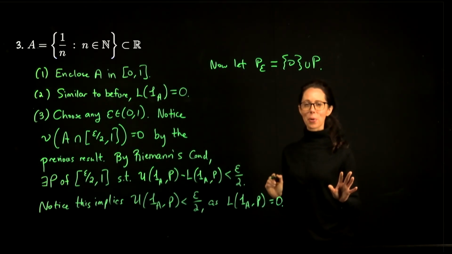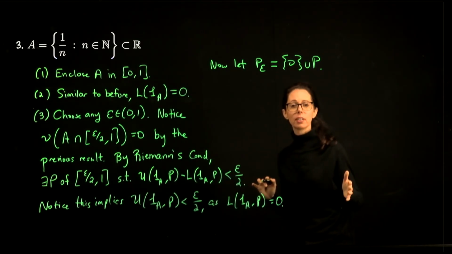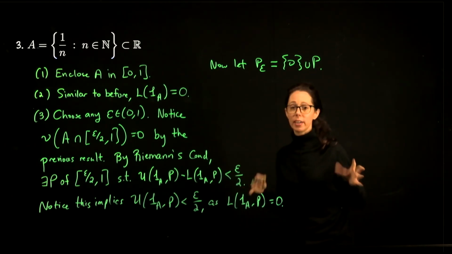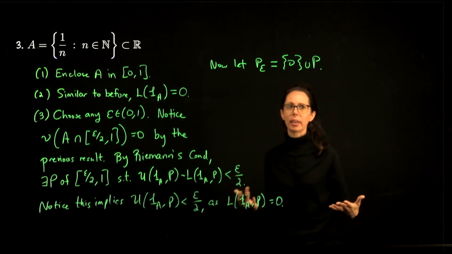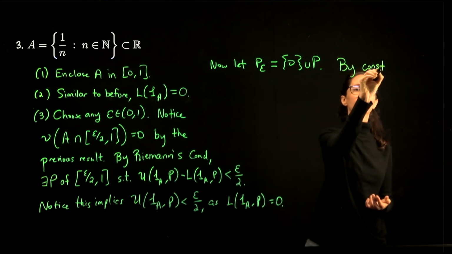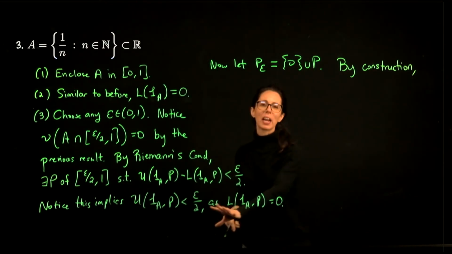I hesitated for a moment because it's a little tricky here with this division that we've done in the domain, but what I'm going to do is just say, by construction, here's what the upper sum of the characteristic function with respect to this partition has to be. By construction, meaning look back at how we've done this.